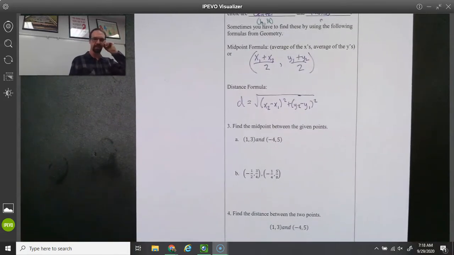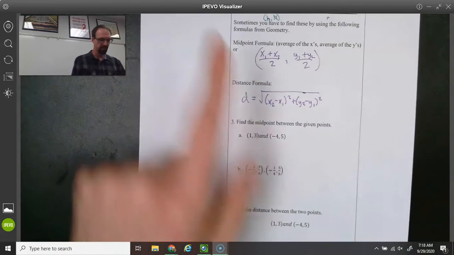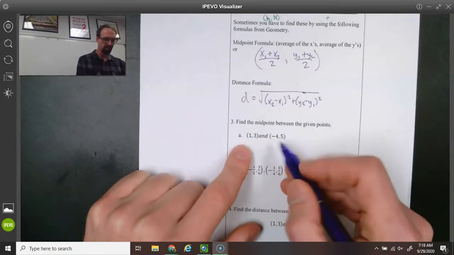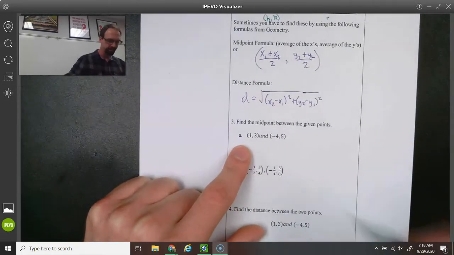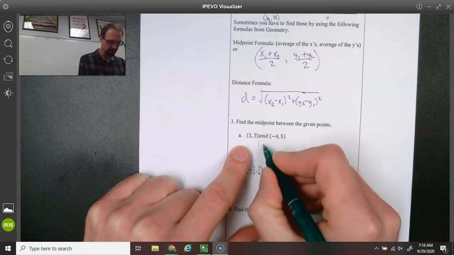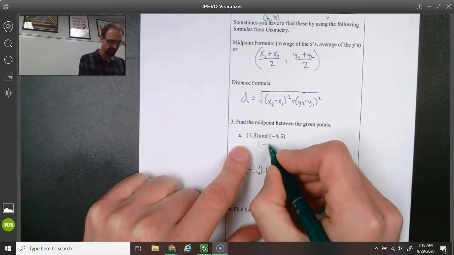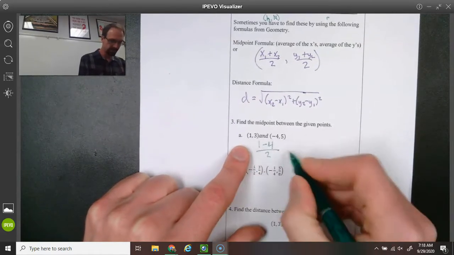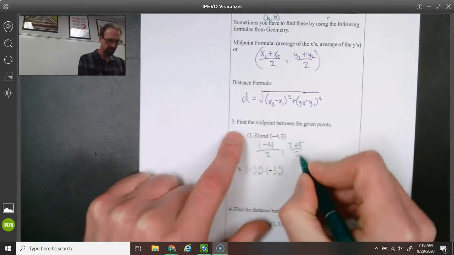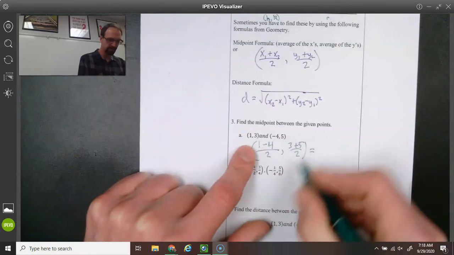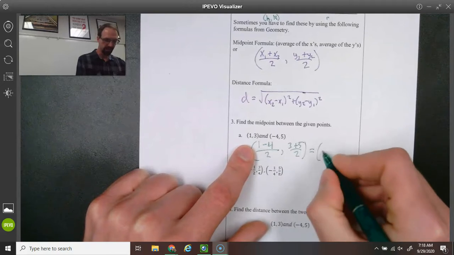Let's practice finding the midpoint between these given points. If I plug these into our formula from above, I get 1 plus negative 4, divided by 2, and 3 plus 5, divided by 2. Simplifying, 1 minus 4 is negative 3, so negative 3 halves.